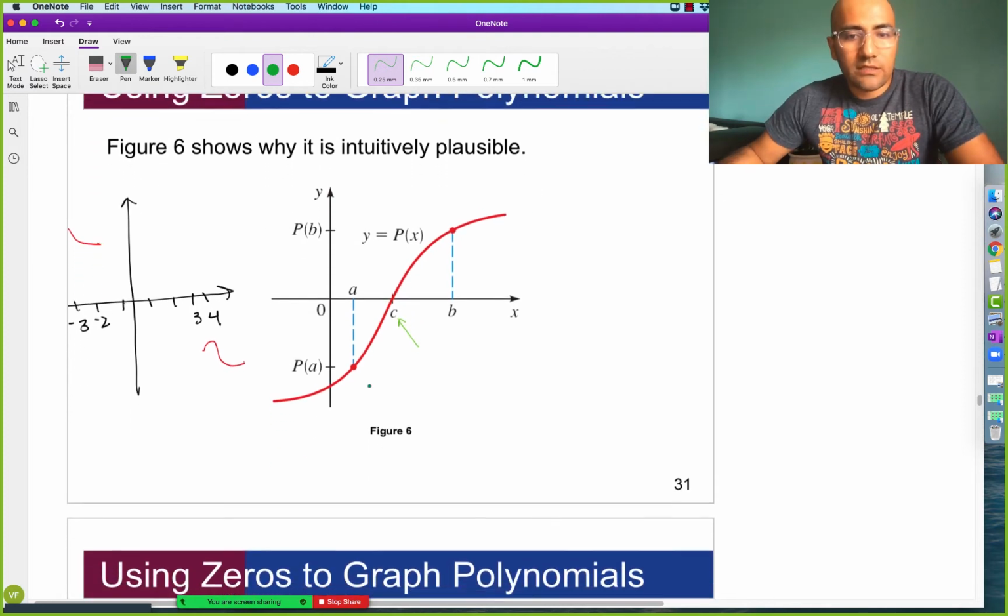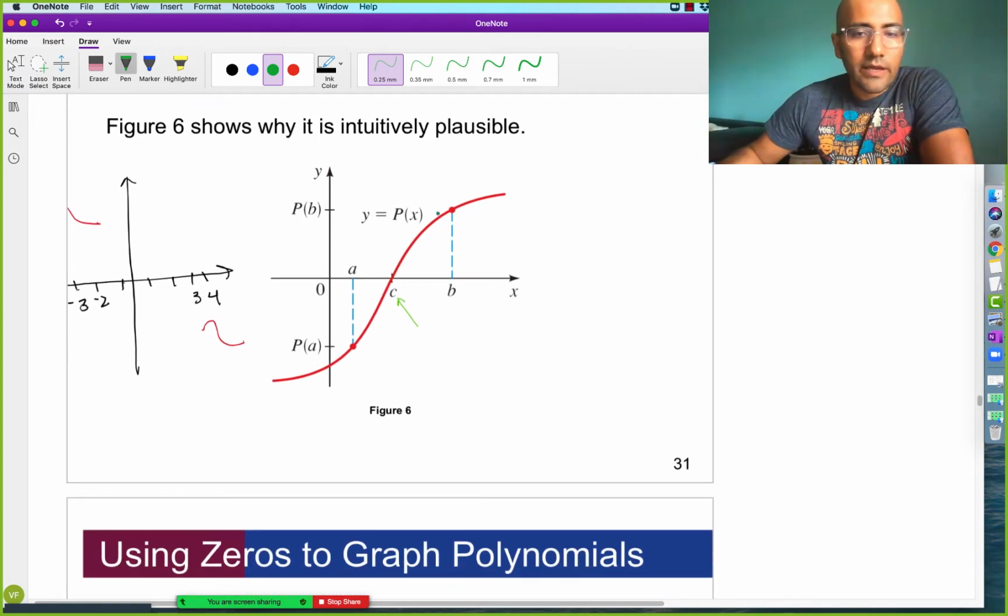So we looked at this graphic here, and we saw that it's a nice graphic for it. So here's a nice example. A is a possible value of x, B is a possible value of x.